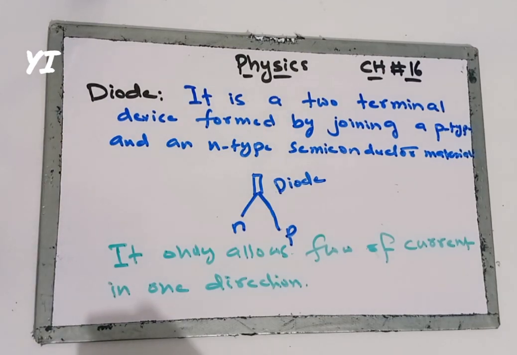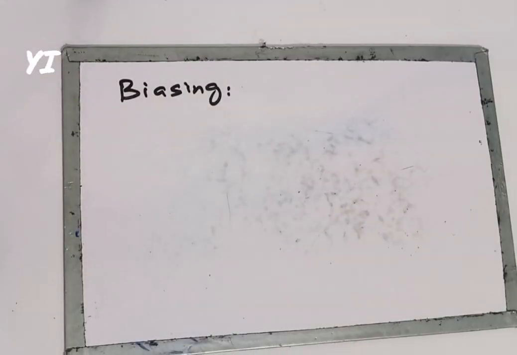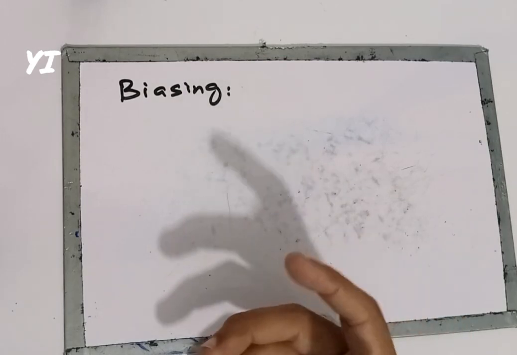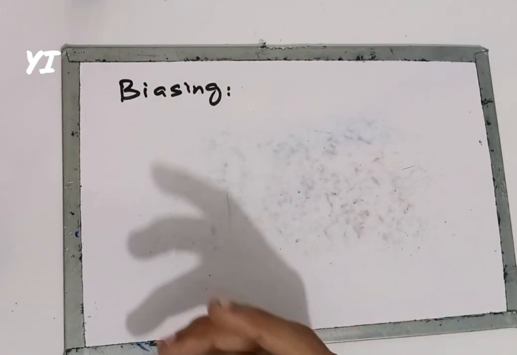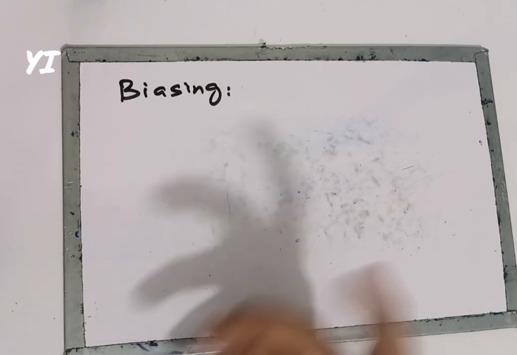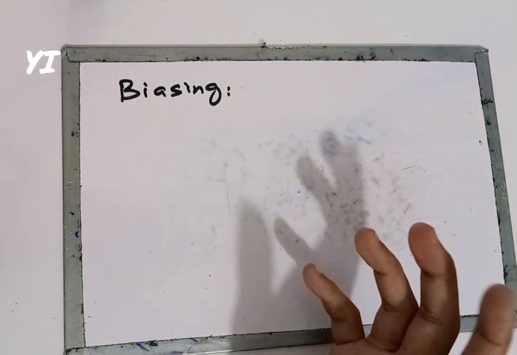Now let us discuss first that what is biasing. So students, biasing is just an arrangement made in diode or in transistor or in any other device to allow larger flow of current in certain direction. Like in diode, our certain direction is forward biasing.